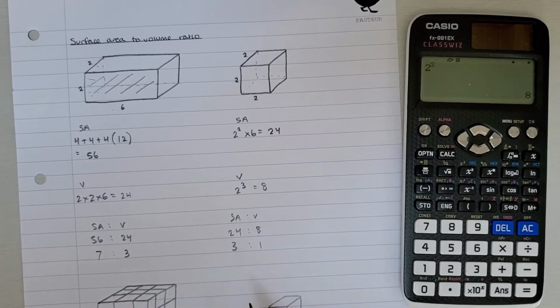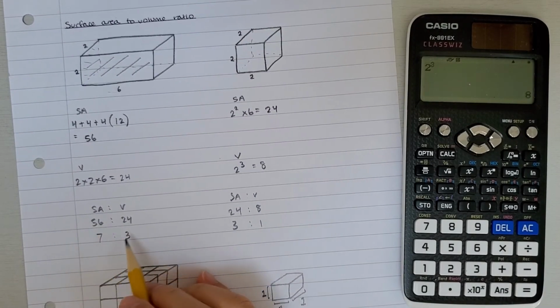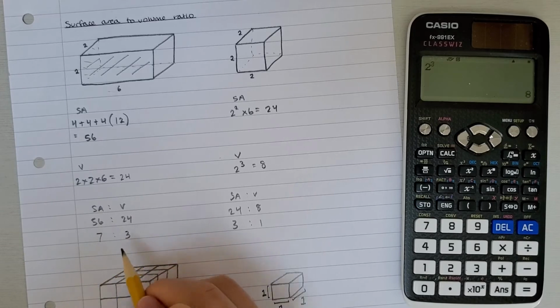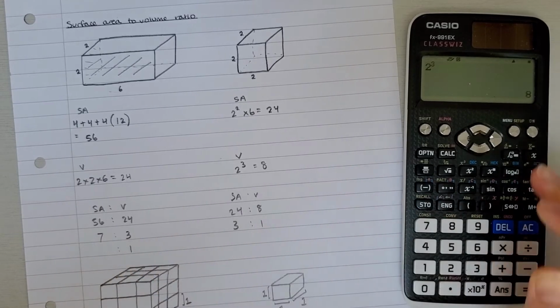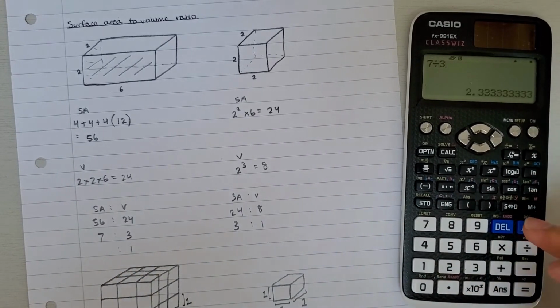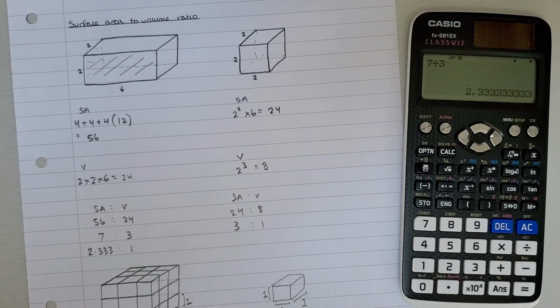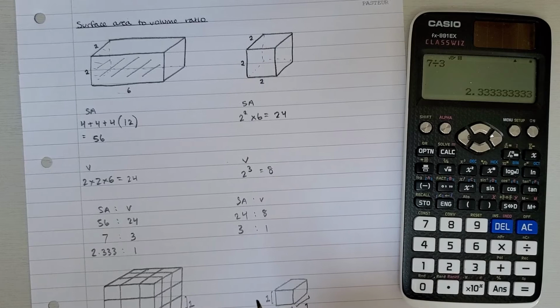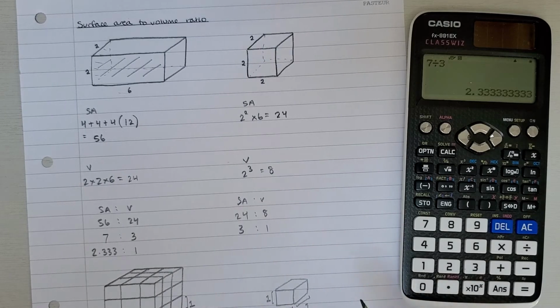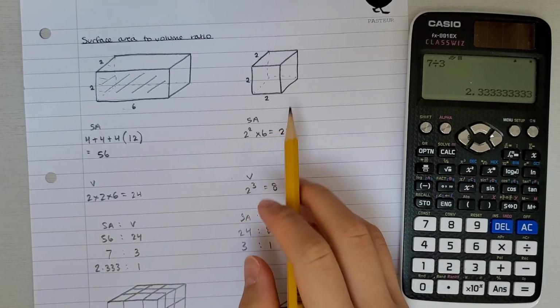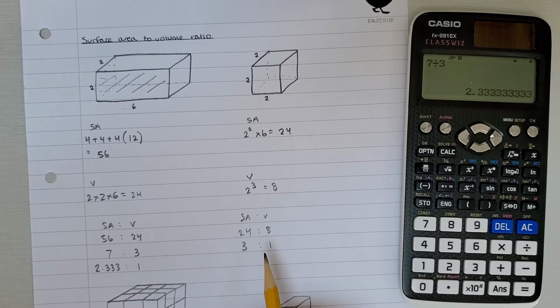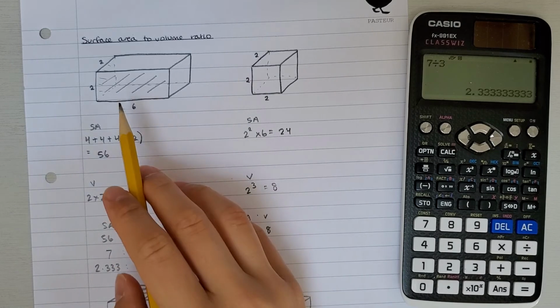Just for the sake of comparison, let's divide both sides on this side by 3. So you have 2.3. So when we say larger surface area to volume ratio, this cube has a larger surface area to volume ratio compared to this cuboid.